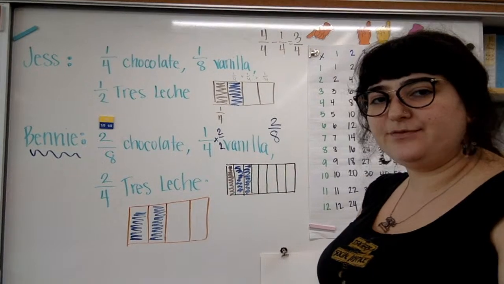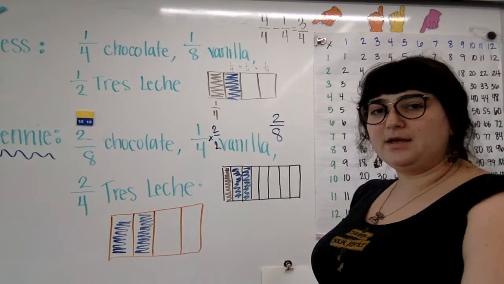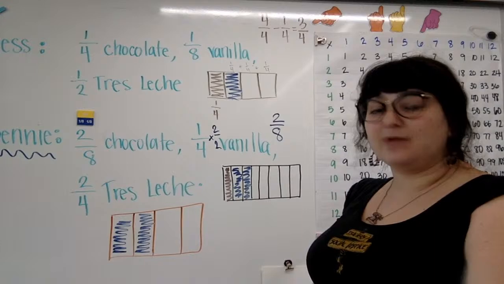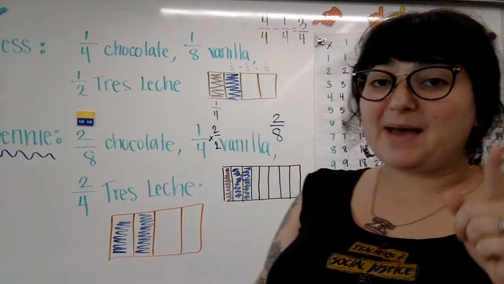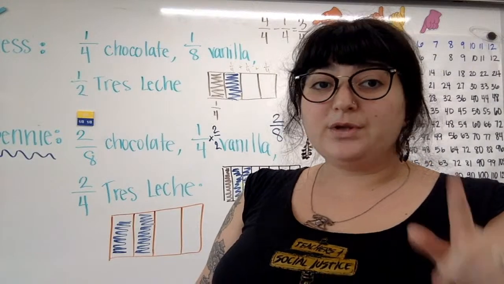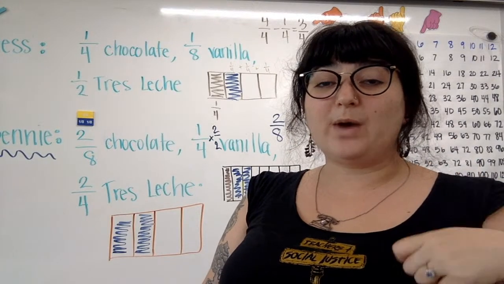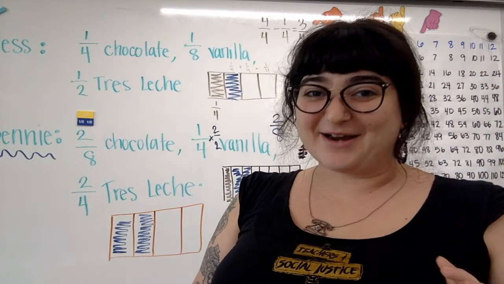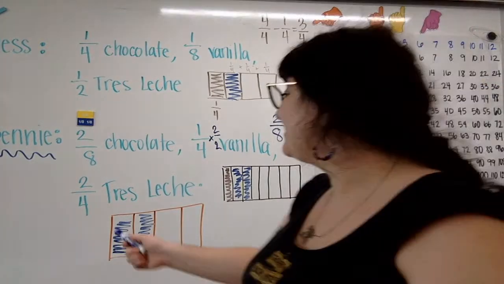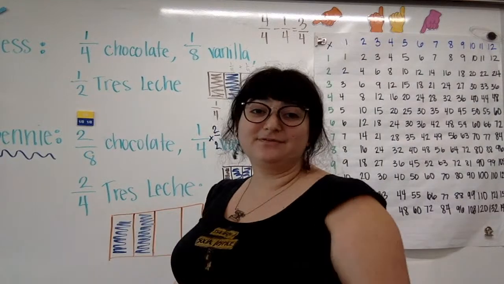Looking at that, 2/4. What I'm hoping is happening with you is that you're starting to see patterns. When you see certain numbers where the top is exactly half of the bottom, that means that it equals 1/2.